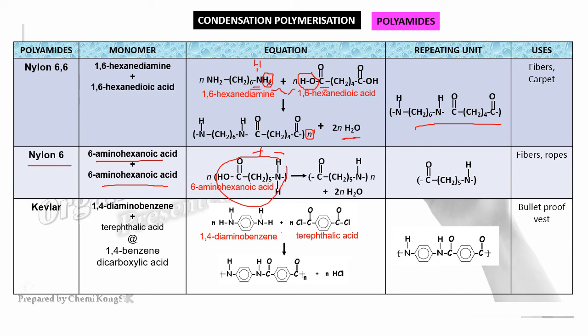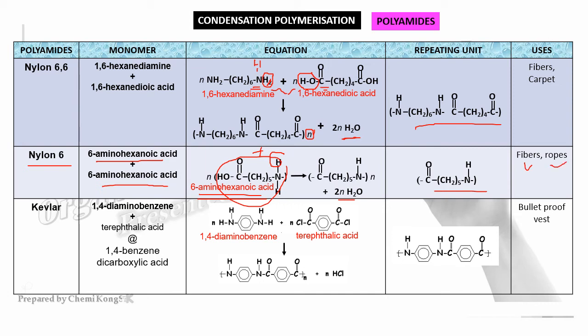Again, we will eliminate the H and the OH and then form H2O. So this one is the repeating unit of nylon 6. Class, this one didn't show the repeating unit. If possible, you show the reaction between 6-aminohexanoic acid plus 6-aminohexanoic acid and then form this polymer. Function: fibers, ropes.